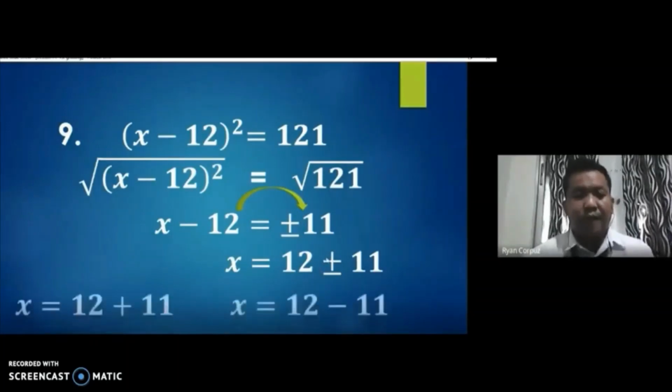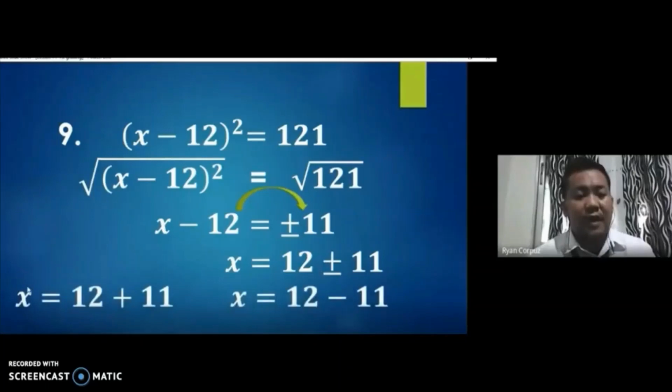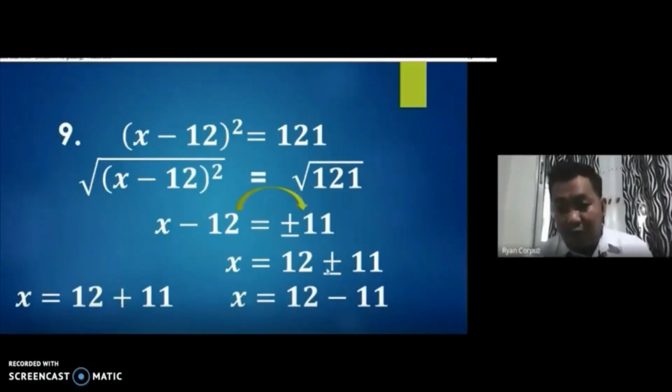So we'll come up with the first equation as x is equal to 12 plus 11. Ito yung plus, while another equation is x is equal to 12 minus 11. Ito yung minus. Ito yung nandiyan kanina. Pinag-iwalay natin para malaman natin ng mas malinaw yung solutions to a given quadratic equation.